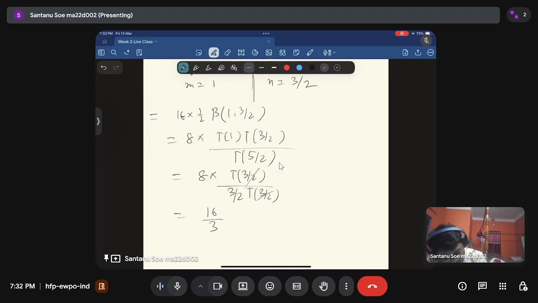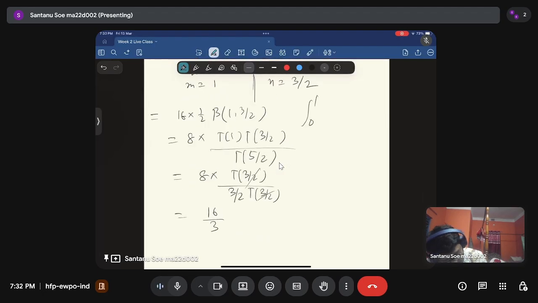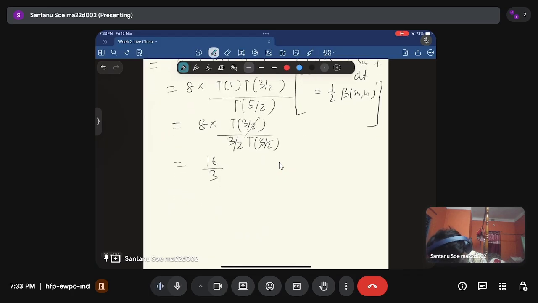So this is just 0 to pi by 2 cos to the power 2m minus 1 of t sine to the power 2n minus 1 of t dt equals half beta of m comma n. Okay, so I'm using this result. So I hope this is clear. Okay, so now I'm going to move on to the next question.